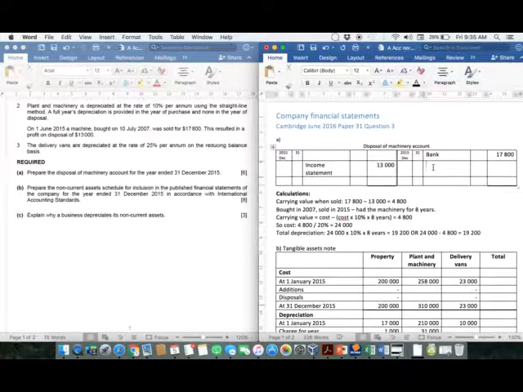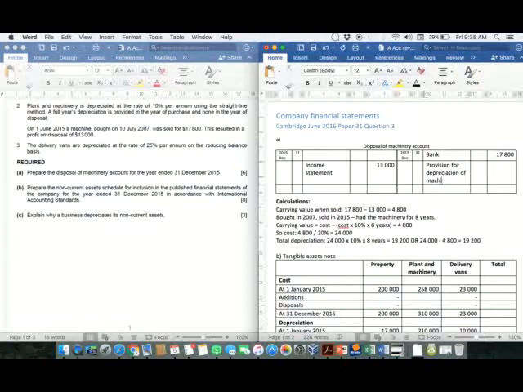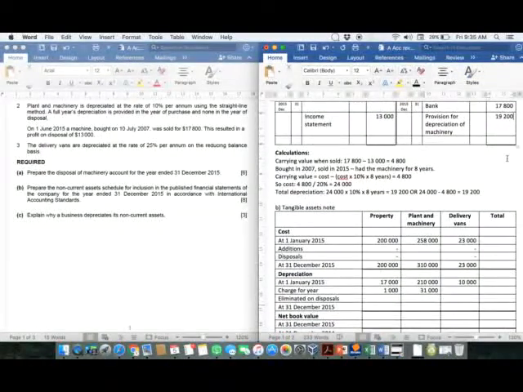Once I've got that, I can show it here as my total depreciation or provision for depreciation of machinery. And I'm going to put it in as 19,200. At the same time, and this is where it's quite important to be doing things at the same time, I want to take that out.